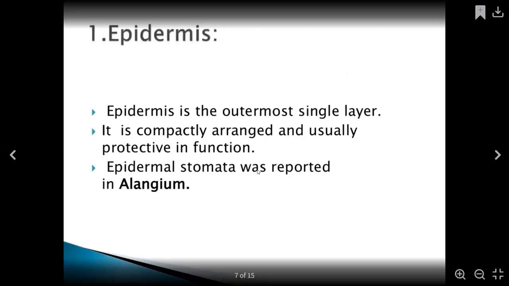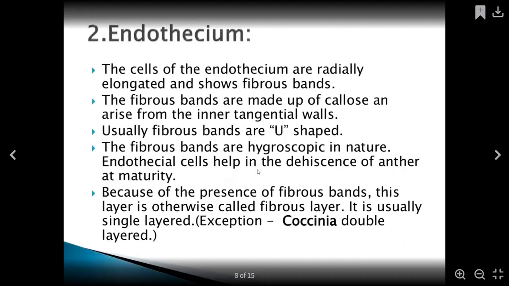This is the epidermis, the outermost single layer. It is compactly arranged and usually protective in function. Epidermal stomata were reported in Alangium. And the endothecium: the cells of the endothecium are radially elongated and show fibrous bands. The fibrous bands are made up of callose and arise from the inner tangential walls.